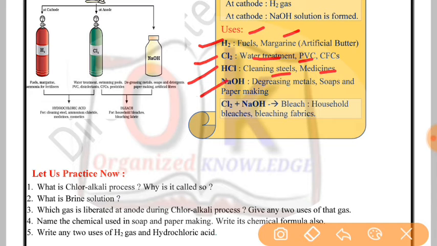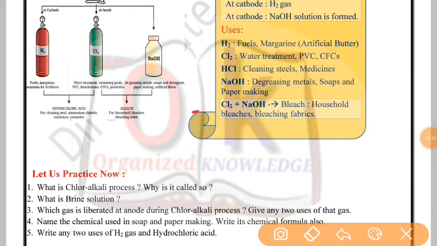Next, sodium hydroxide. Sodium hydroxide is used in degreasing metals, in soaps and paper making. Detergent also uses sodium hydroxide. Here chlorine and sodium hydroxide react, and this reaction is used to make household bleaches and for bleaching fabrics.